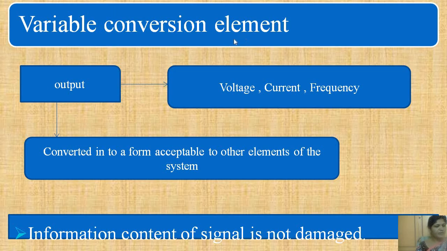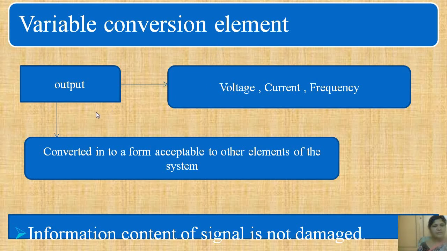Now the primary sensing element, the transducer, is converting the non-electrical quantity into an electrical quantity. The output may be a voltage, or a current, or a frequency, and this electrical output may not be acceptable to the other stages or elements of the measurement system.